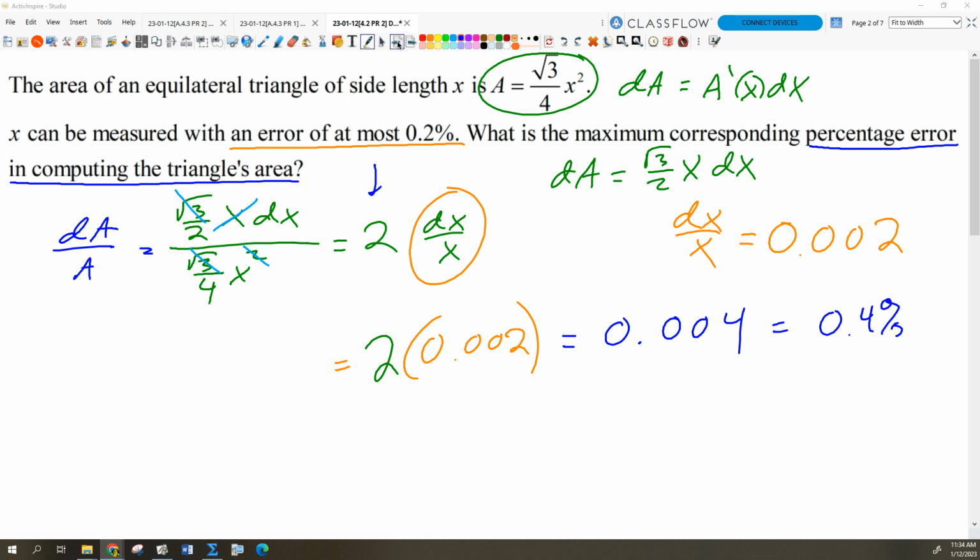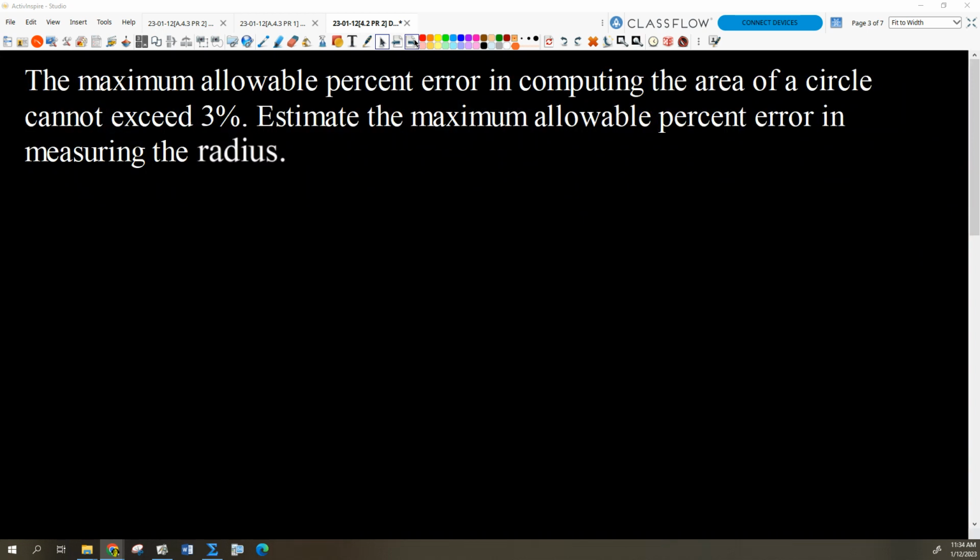Let's look at one like this. The maximum allowable percent error in computing the area of a circle is 3%. So we can't exceed 3%. Find the maximum allowable percent error in measuring the radius. So what are we given here? What is this?